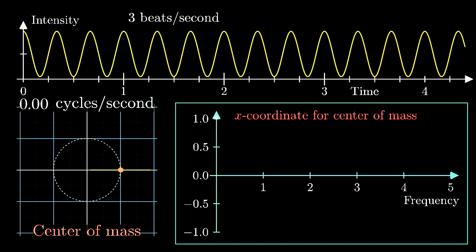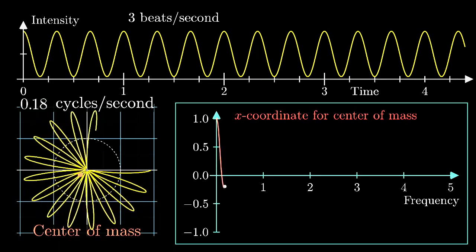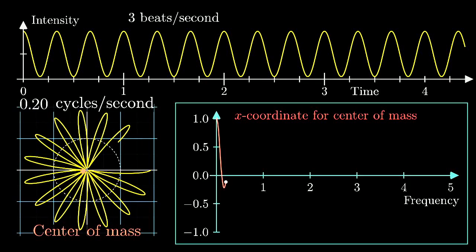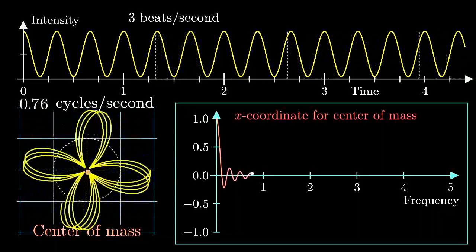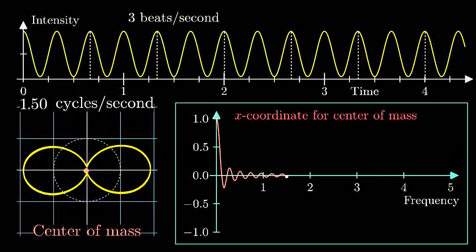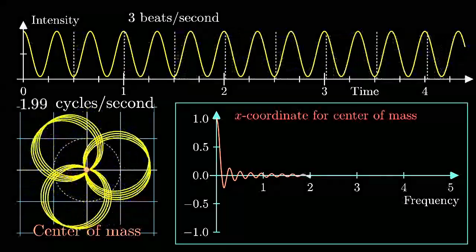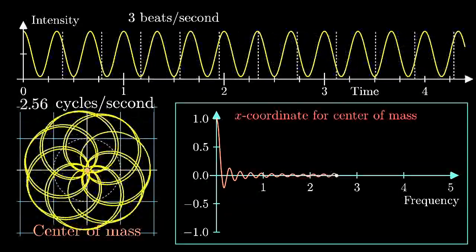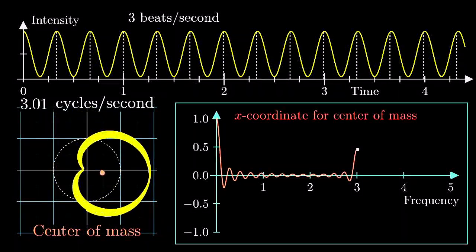And then as you increase that winding frequency, and the graph balances out around the circle, the x-coordinate of that center of mass goes closer to 0, and it just kind of wobbles around a bit. But then, at 3 beats per second, there's a spike, as everything lines up to the right.